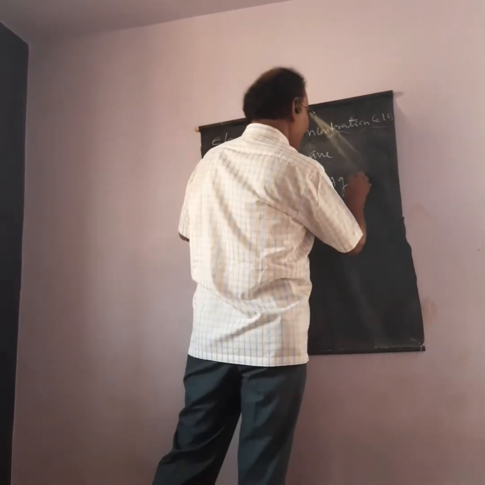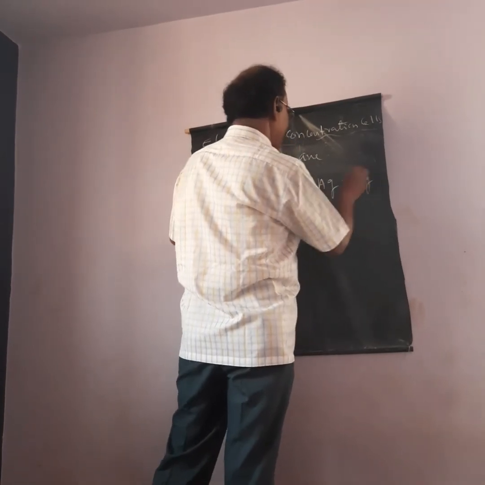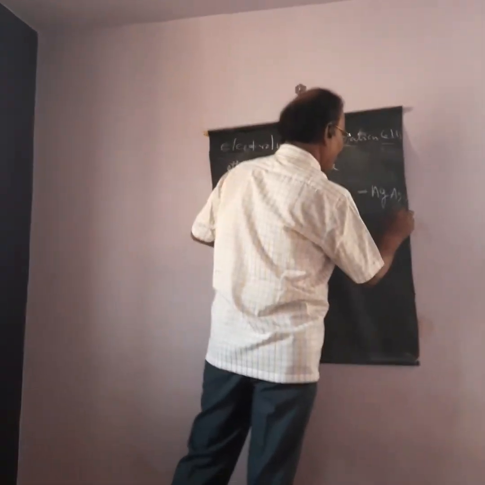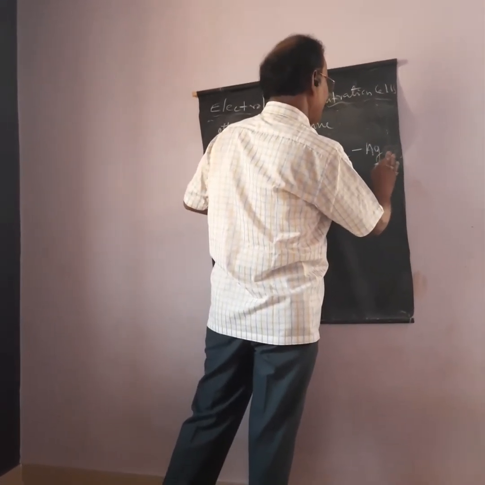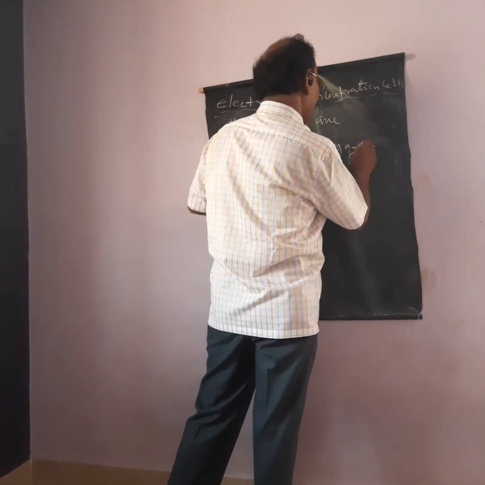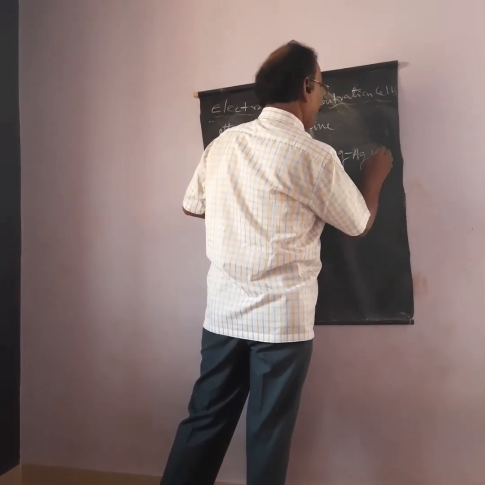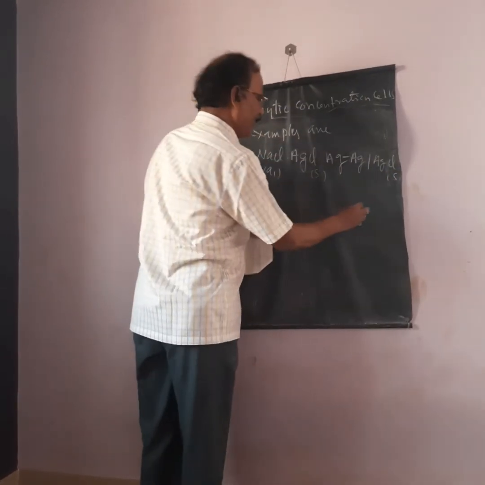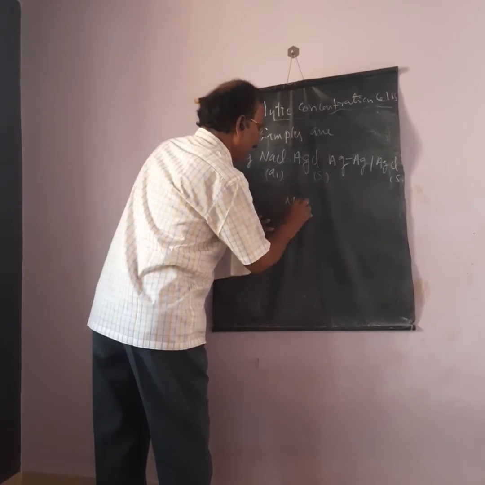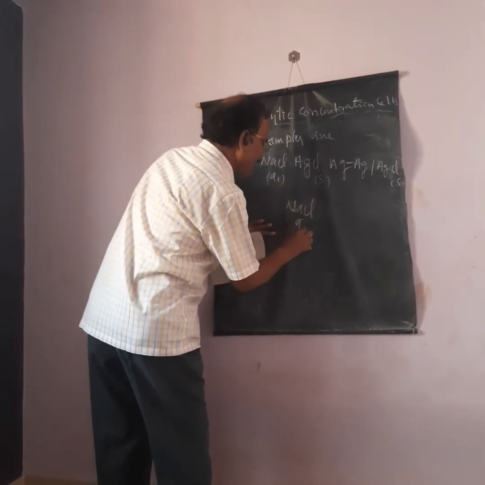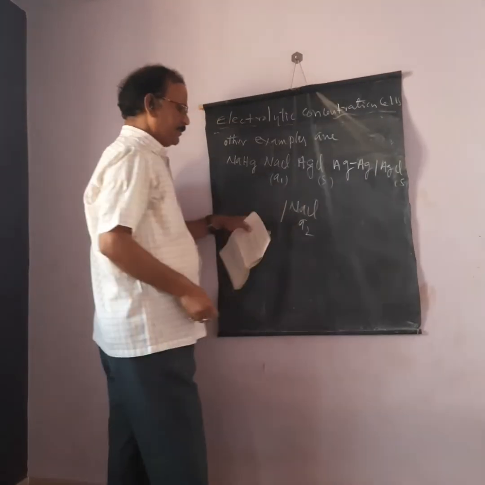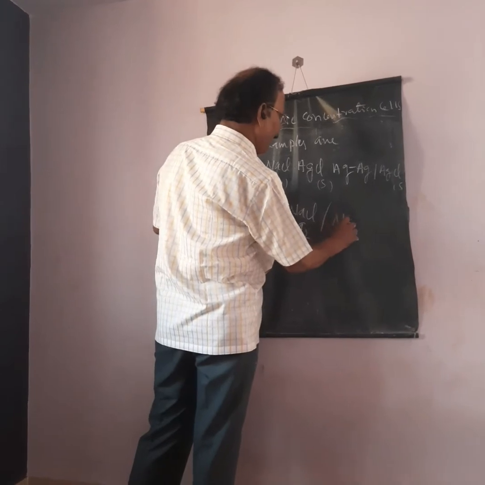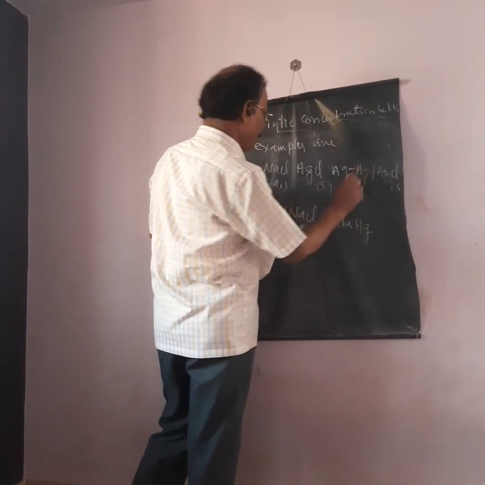This again is connected in reverse, with AgCl solid in contact with NaCl at activity A2, and NaHg, sodium amalgam.